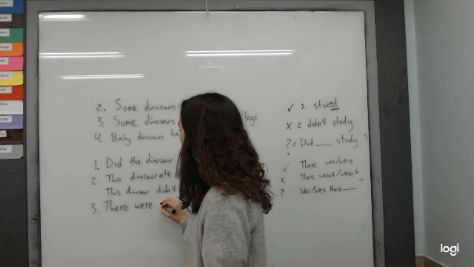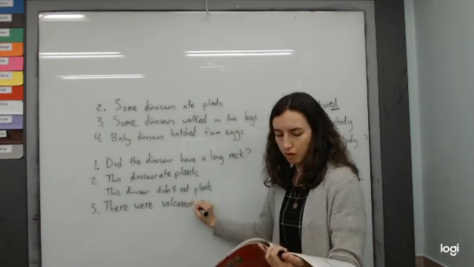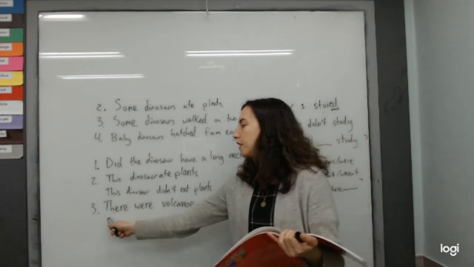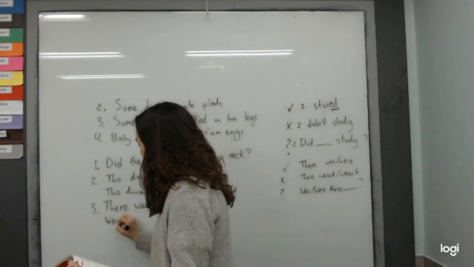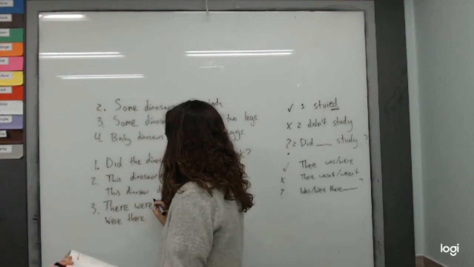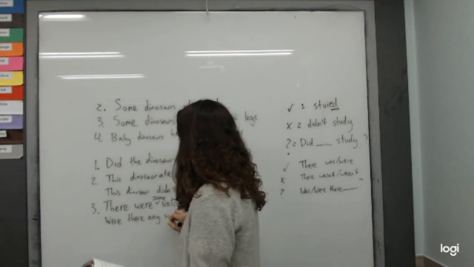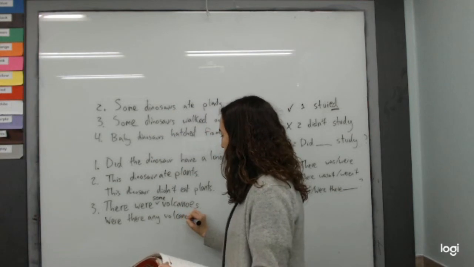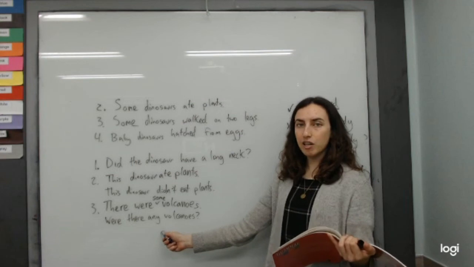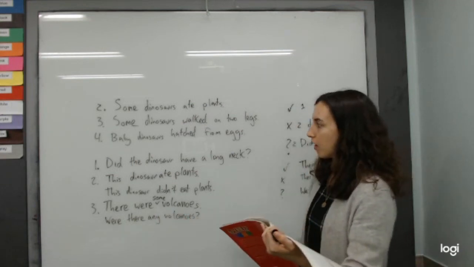Yes, there were volcanoes. And to make it a question, we put the verb first. Were there, oh, we have to change any also to some. Were there any volcanoes? Here I forgot we have any in our no sentence, and so any in a yes sentence has to become some.